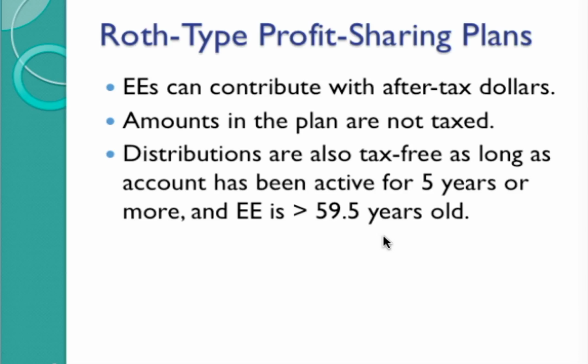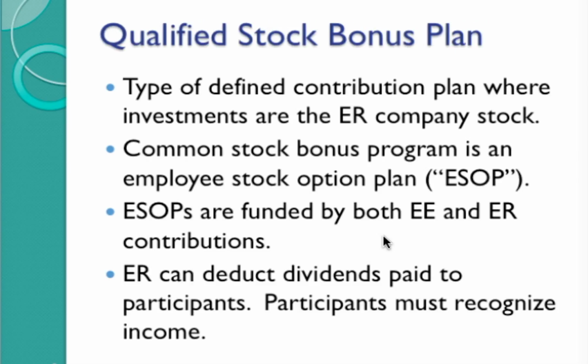Okay, so these are back-loaded plans where you receive the tax benefit at the end, when the withdrawals or distributions are happening. Qualified stock bonus plans are a specific type of defined contribution plan, but the investments from the employer are in company stock, and you see some of the requirements there.